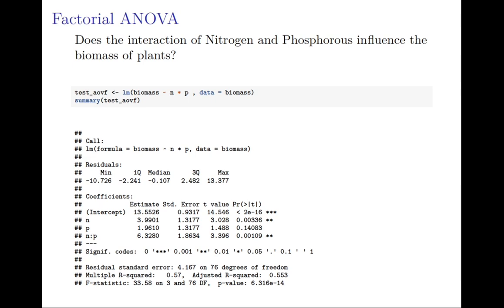Okay, but you could also do a factorial ANOVA instead of just a regular linear model or a regular ANOVA, and look at does the interaction of nitrogen and phosphorus influence the biomass of plants. And so to do this, you have to go back to your N and P variables, your indicator variables, and you code those in as your X variables.